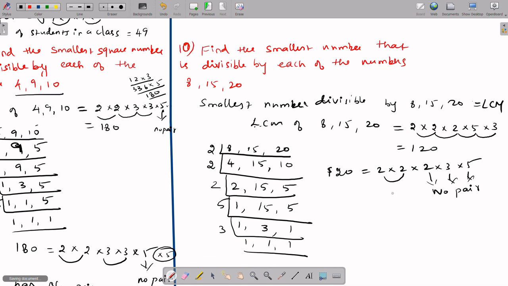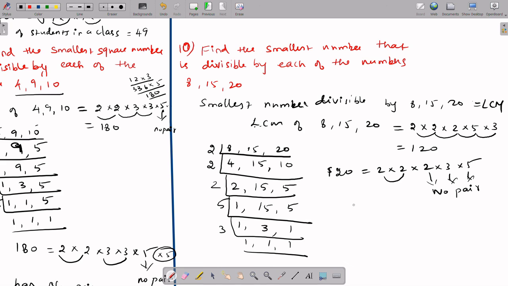So how will you write? To get the smallest square number, you have to multiply 120 by 2, 3 and 5. When you multiply by 2, 3 and 5, it becomes a square number that is also divisible by 8, 15 and 20.